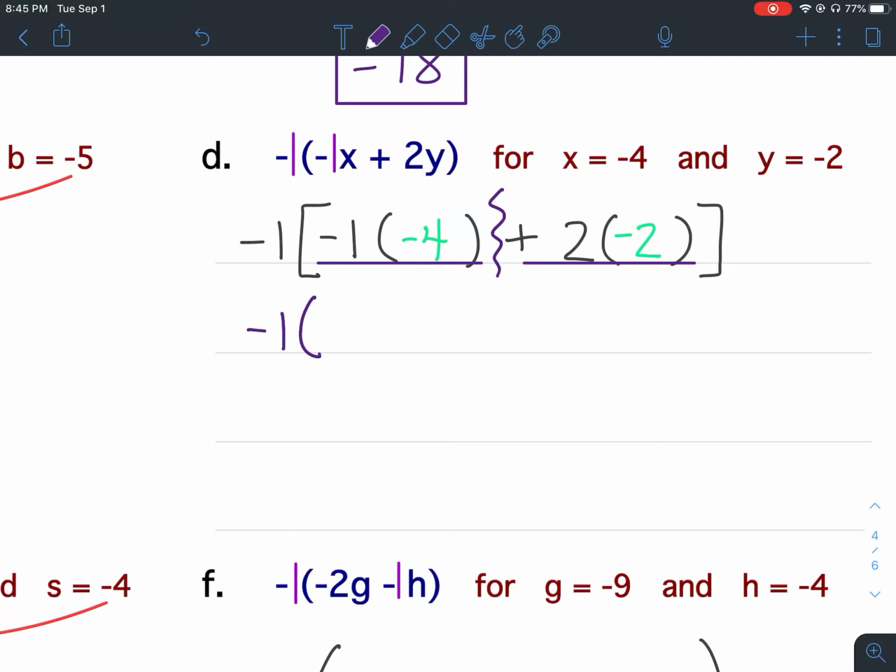1 times 4 is 4. There's two negatives, so an even amount of negatives means it's going to be a positive 4. 2 times 2 is 4. Now I've got an odd amount of negatives because I got a positive 2 and a negative 2. Odd amount of negatives means that's a negative 4. Close my parentheses.